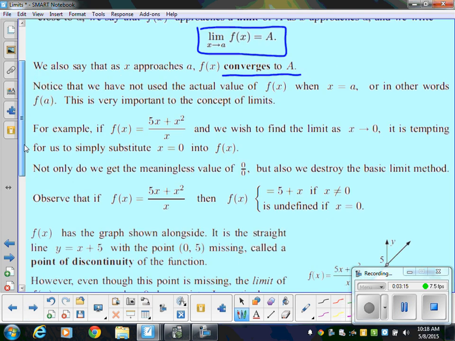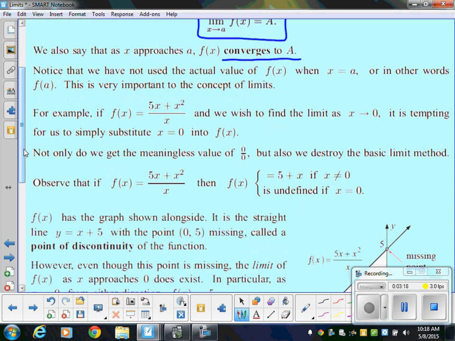Polynomial functions are relatively easy, but when you get to functions like this, where we're approaching 0, I obviously can't put 0 in there because then it would be undefined. We can't divide by 0. It's tempting to do, but we cannot do that.